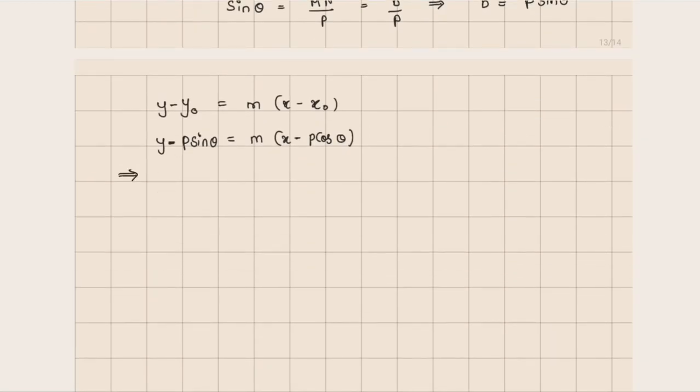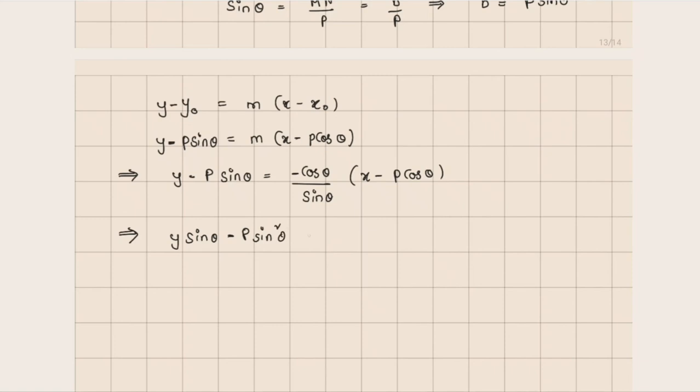Substitute this: y minus P sin theta equals minus cos theta by sin theta into x minus P cos theta. Take sin theta to the left hand side, which gives y sin theta minus P sin square theta equals minus x cos theta plus P cos square theta.